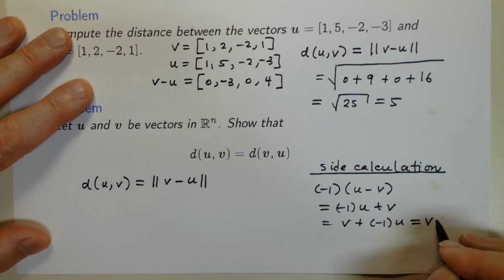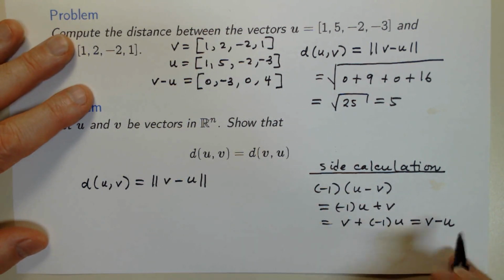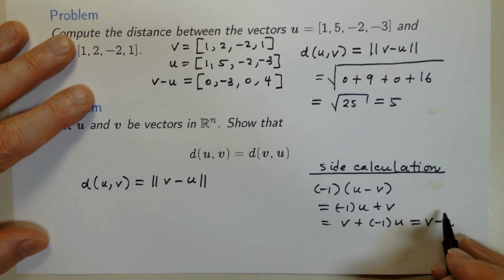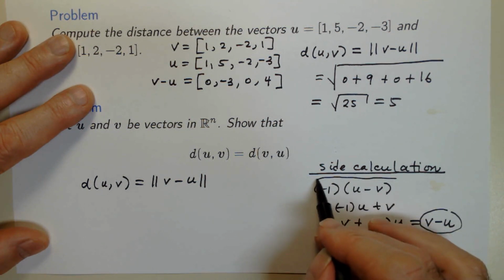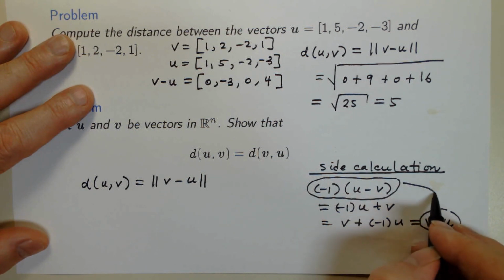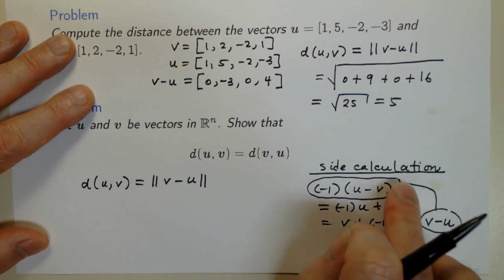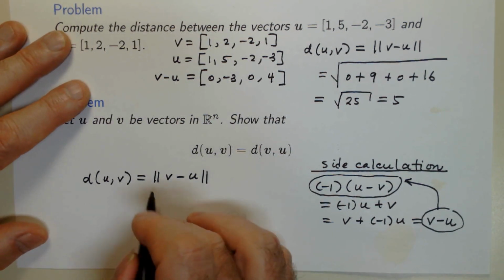And I realize that that's just the same thing as v minus u. So anytime I see the vector v minus u, I'm free to replace it with negative 1 times u minus v. So I can make a free replacement. I can replace this by this. They're the same thing.